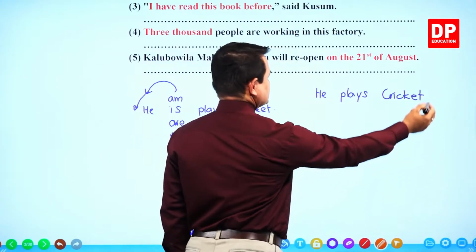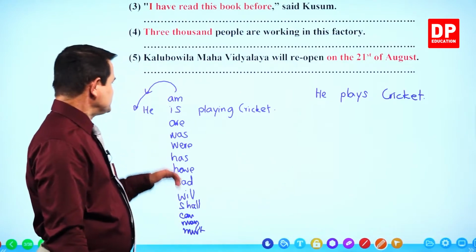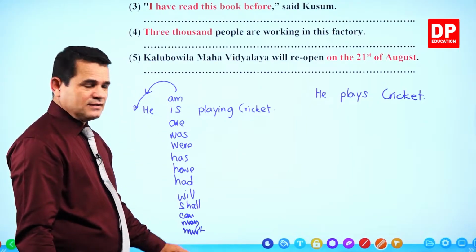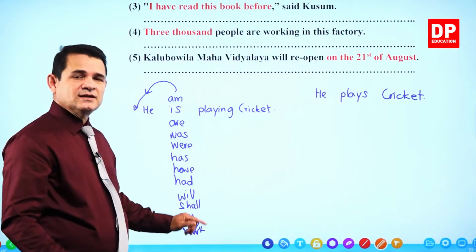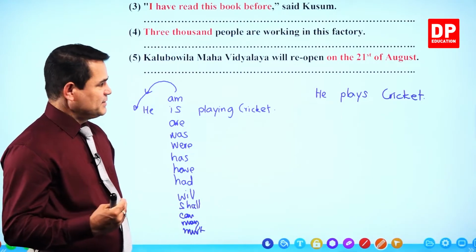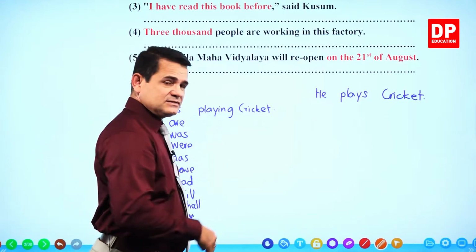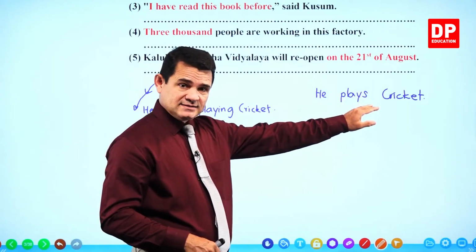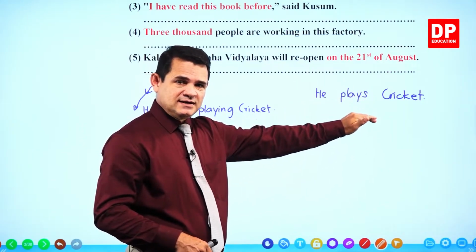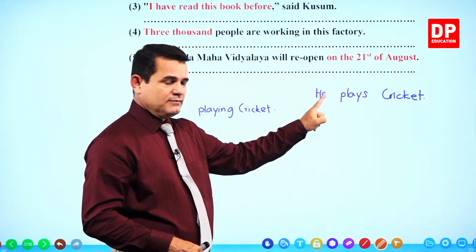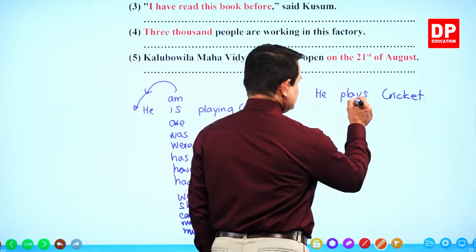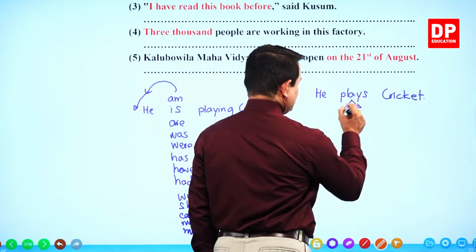He plays cricket. So in this sentence, do you find any of these words? ඒ වාක්‍ය මේවා තියනවද? නෑ. එහෙමනම් just look at the verb. What is the verb there? Plays. එහෙනම් that is present tense singular.